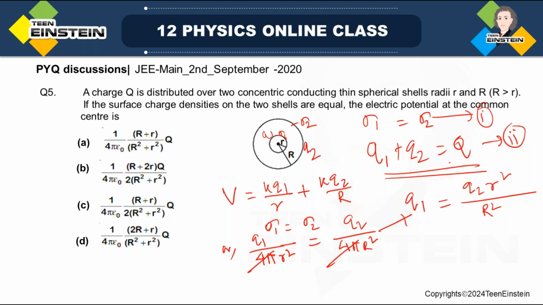So if I put it here in equation 2, what will I get?